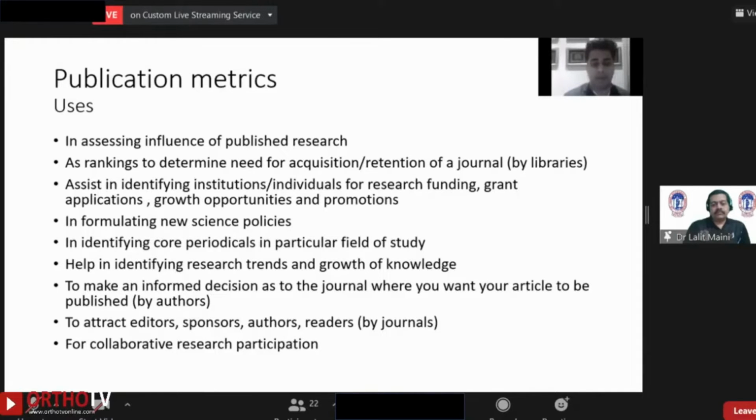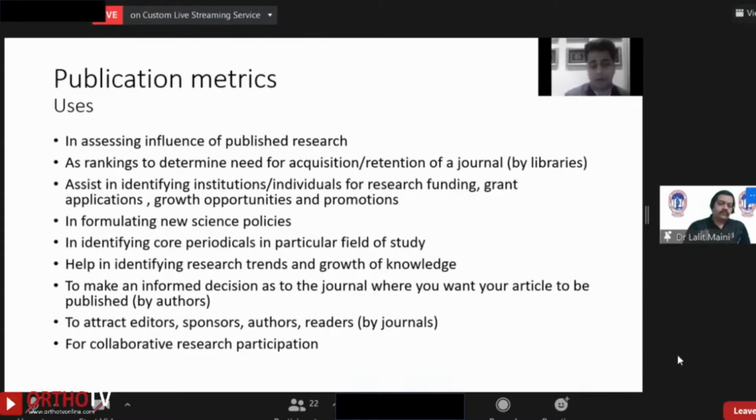In formulating new science policies, you need to take care of what the metrics are of that time. In identifying the core periodicals in a particular field of study, or identifying research trends and growth of knowledge.